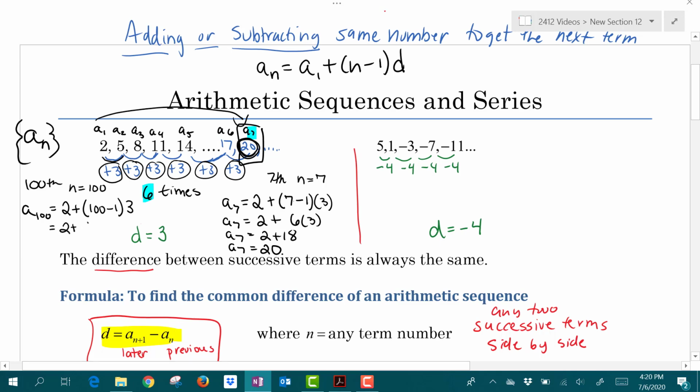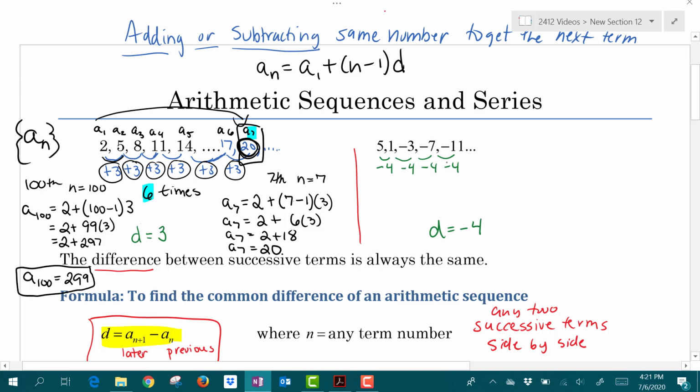That gives me 2 plus 99 times the common difference. So that's 2 plus 297. So it tells us that the 100th term of the sequence would turn out to be 299. Alright, so we're going to be using this nth term formula to find any term in the arithmetic sequence that I want to find. It also works with a negative common difference.